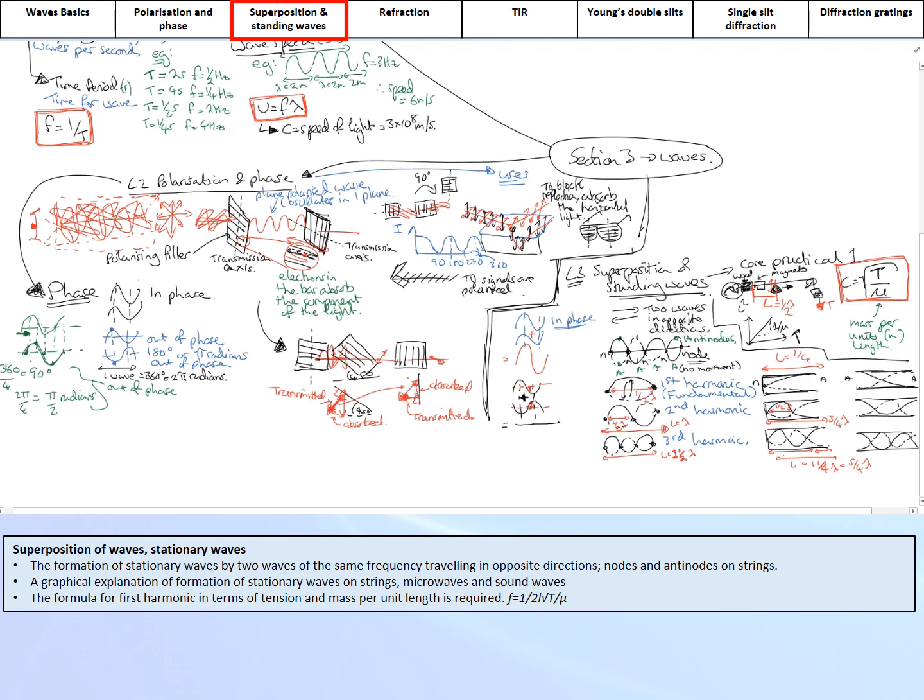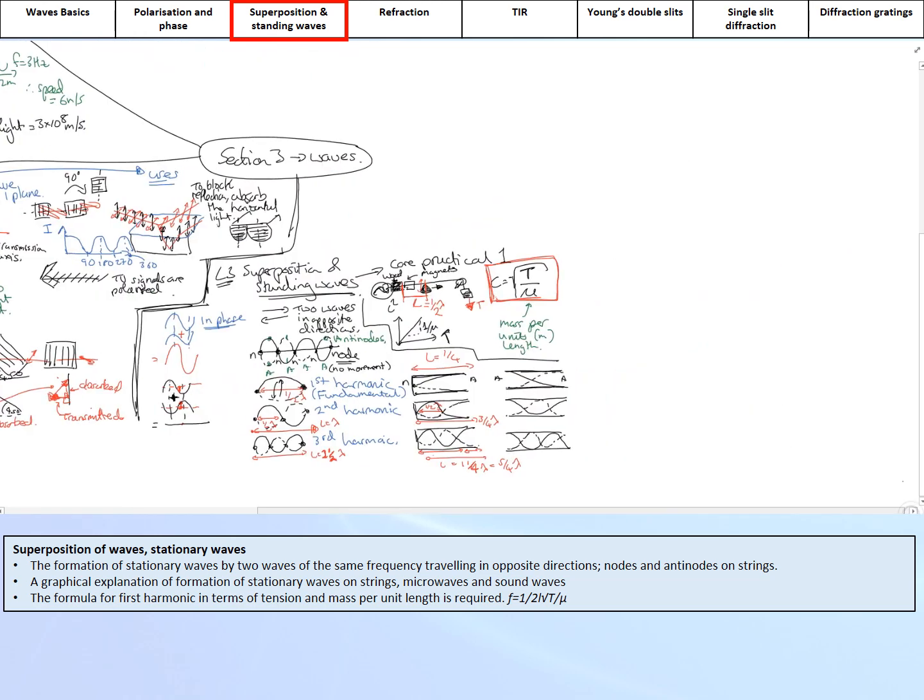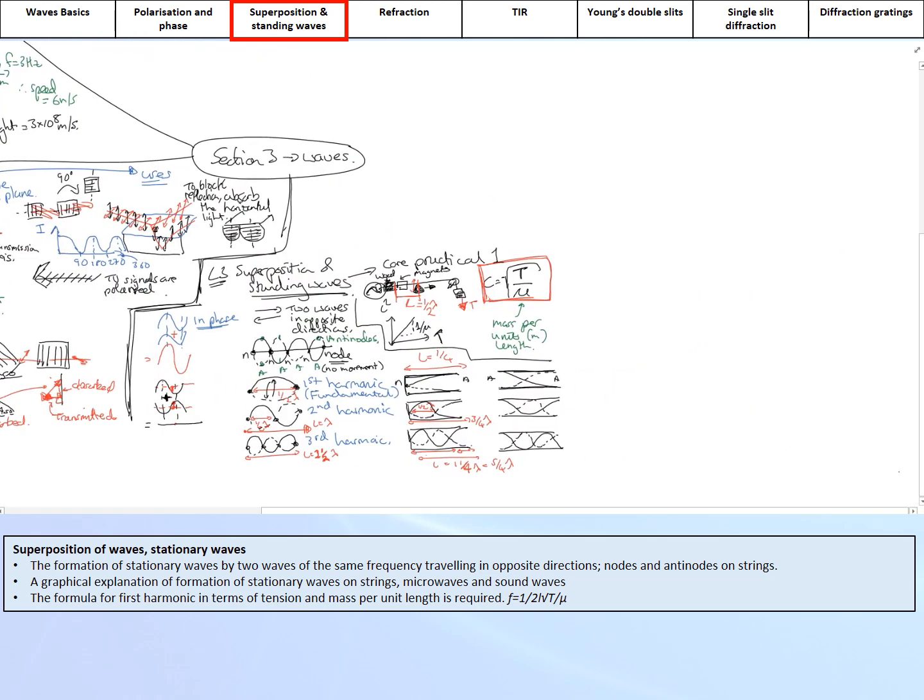Now, in the formula sheet, they don't give that to you. They use the following formula. Let's go across for a minute, create a bit more space. They said that's going to be equal to f lambda. And for the first harmonic, as we pointed out, the wavelength is 2 lots of the length of the string.